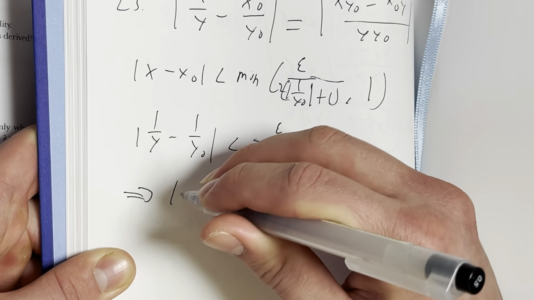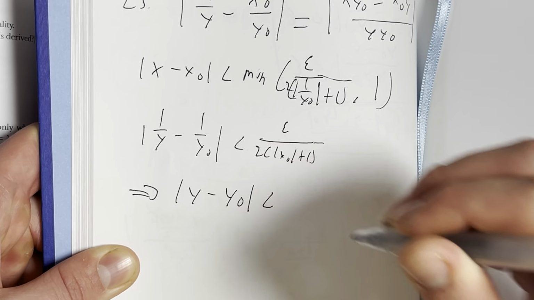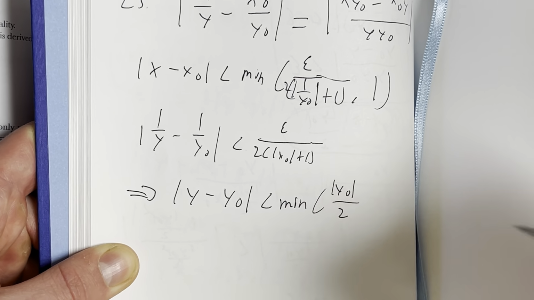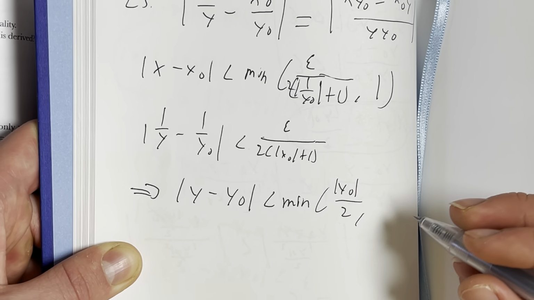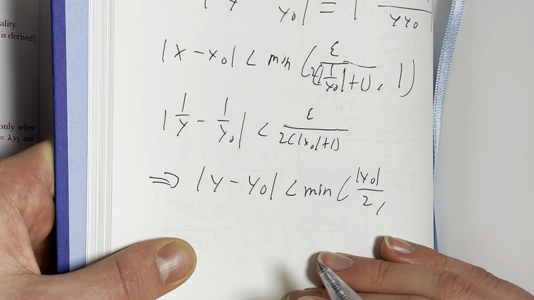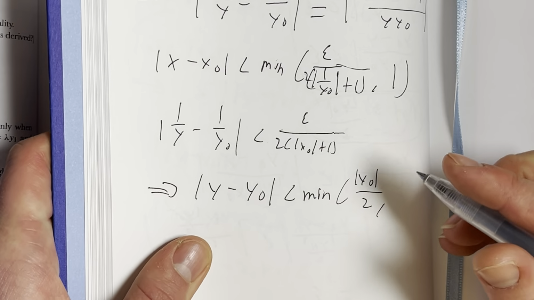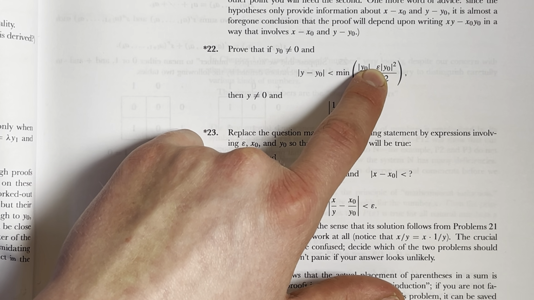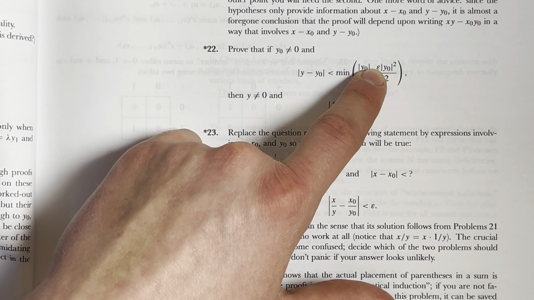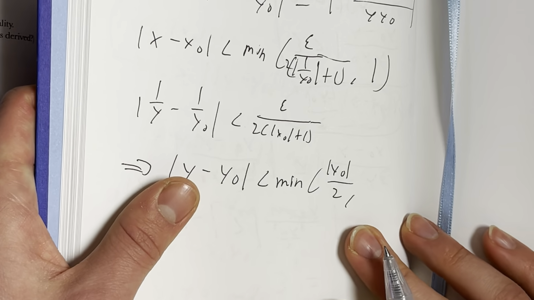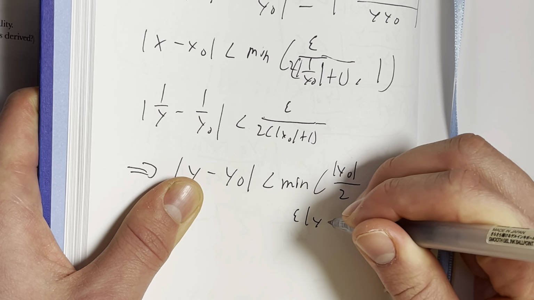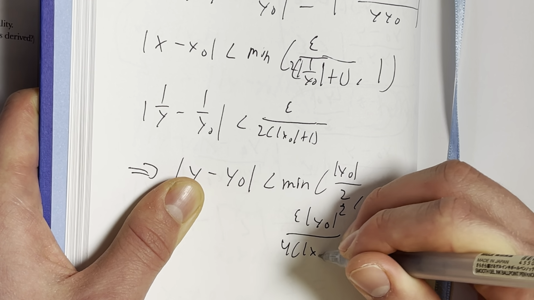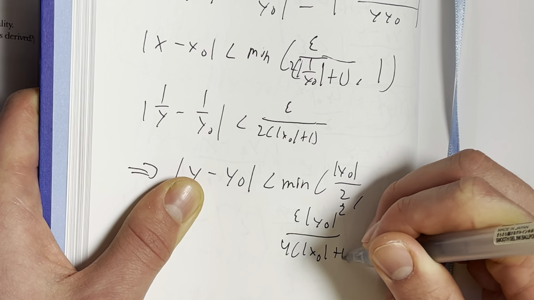And thus the distance is less than the minimum of, well, the initial first one stays the same, y0 over 2, but the second one is, instead of epsilon here, we have epsilon over 2 times (x0 plus 1), so we just put that there, getting epsilon times y0 squared over 4 times (absolute value of x0 plus 1).